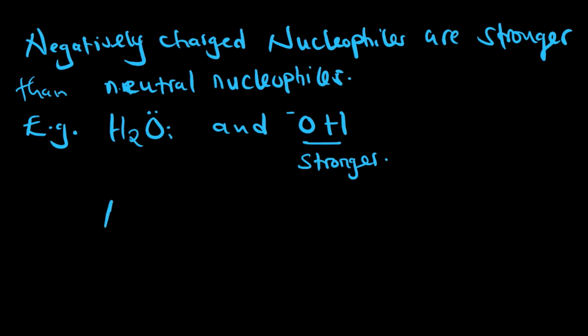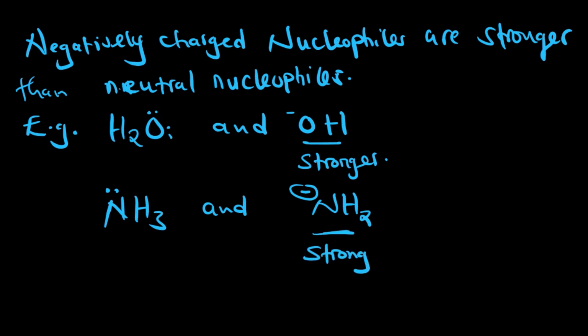Okay. Or if I take ammonia here, it has a lone pair of electrons there, so it's a nucleophile. And I take the amide. Okay, the amide has got a negative charge there. So this one here is stronger because it has a negative charge.